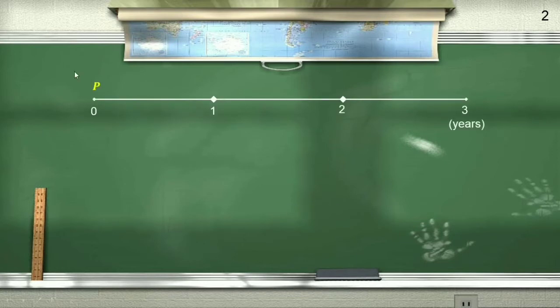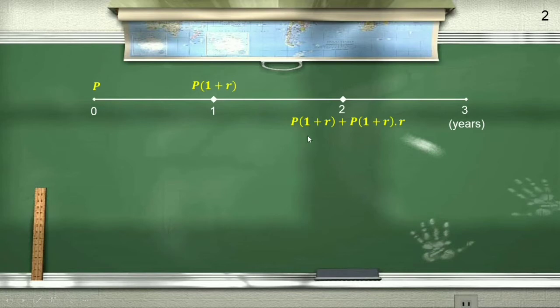This one is our starting point P, and at the end of the first year the capital P becomes P times 1 plus R. And this money becomes our capital in entering this period. So this capital at the end of the second year is P times 1 plus R plus P times 1 plus R times R.